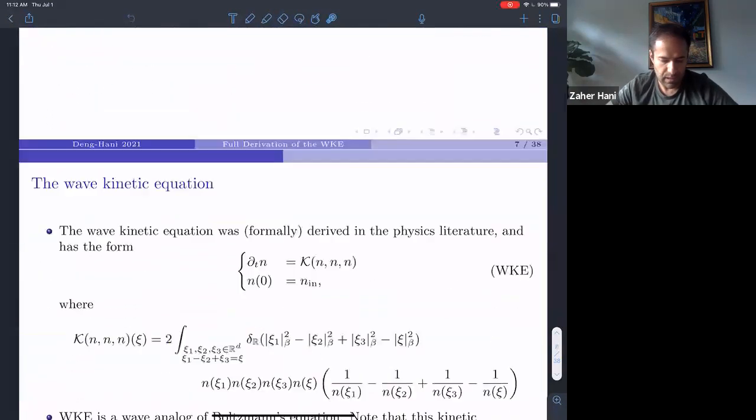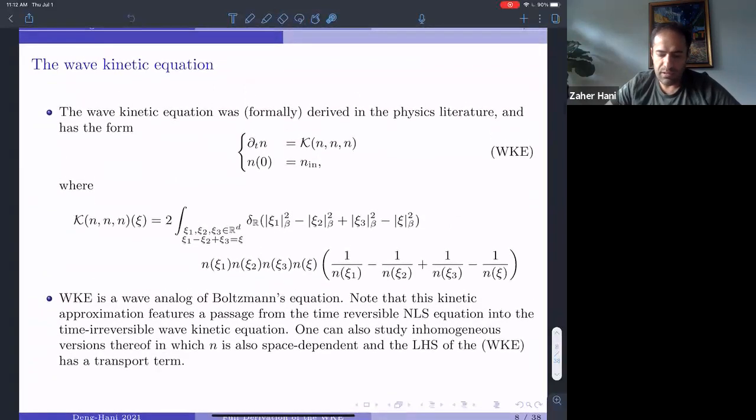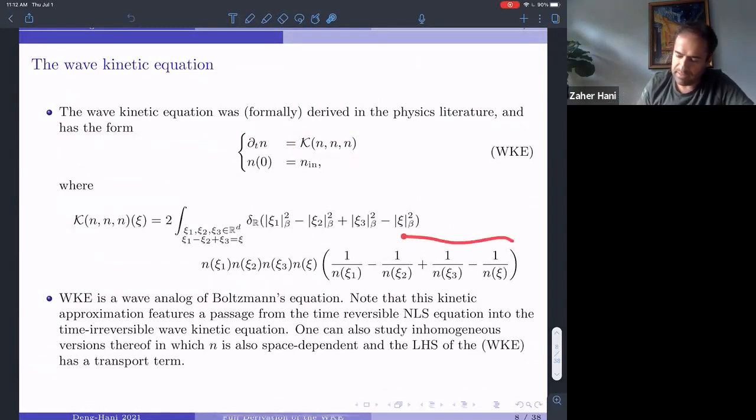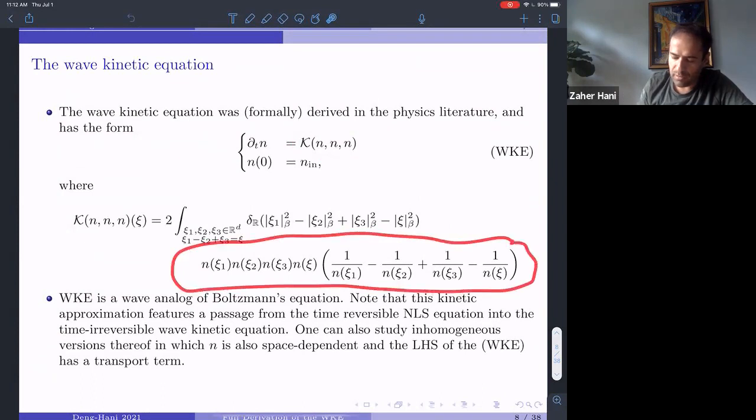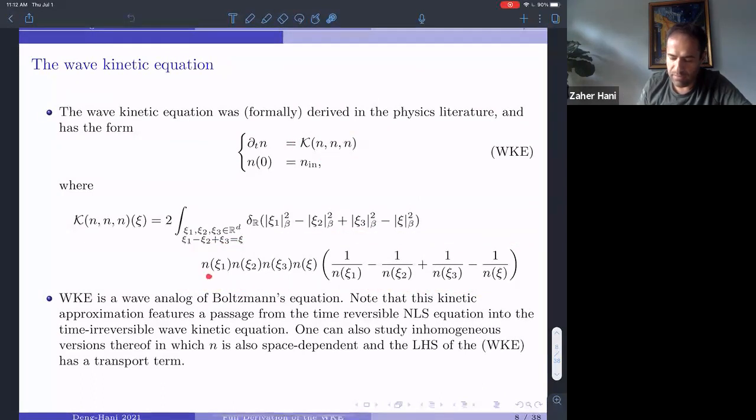Here's the wave kinetic equation, just a reminder. It's given by ∂t n = K(n,n,n). This K of n,n,n is a trilinear operator in n, and it is an integral over 4 terms. The first term is n(k1) n(k2) n(k3), minus etc. These are the 4 terms.